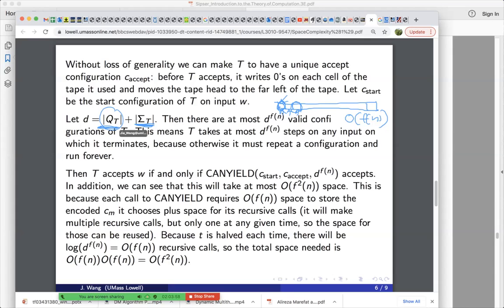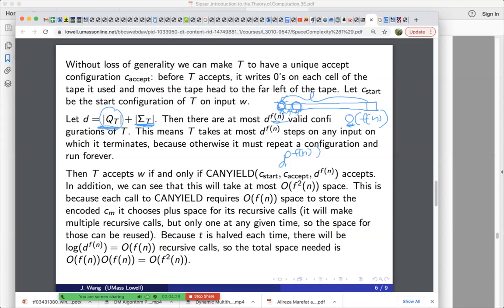So the total number of configurations is bounded above by d to the big O of the length of n. It should have a big O, but since that big O is just a constant, you can just write f of n because that can be easily taken care of. You write big O of f of n, that's fine too.